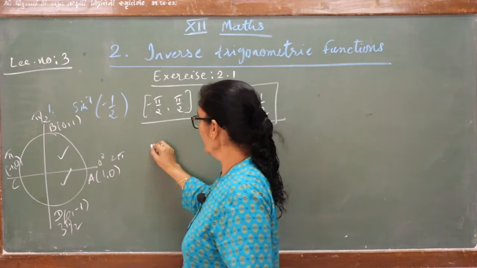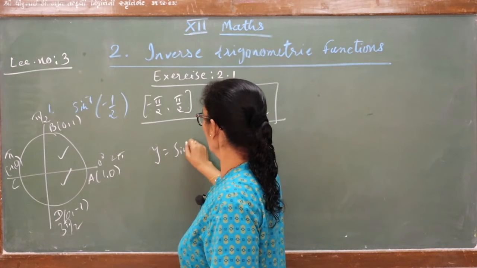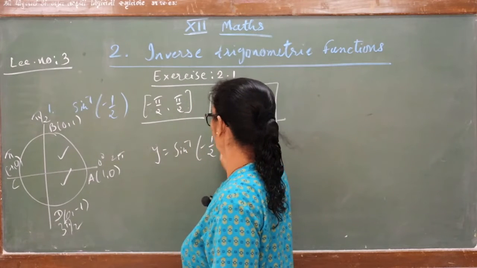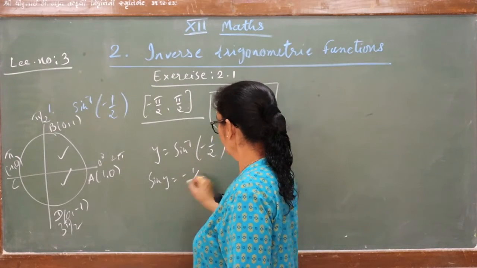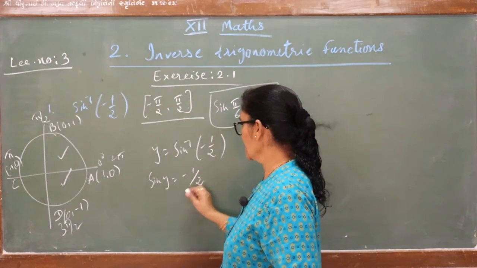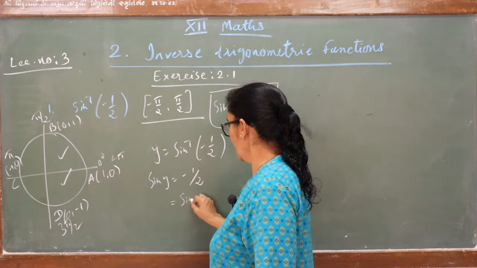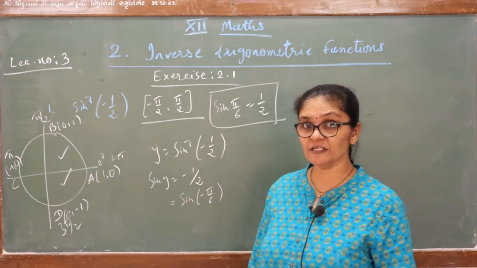Now what to do? We take y equal to sine inverse minus half. So sine y equals minus half. Now we know in place of minus half you can write sine of minus pi by 6. Why have I written minus pi by 6?